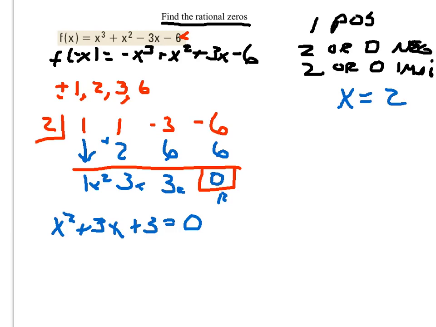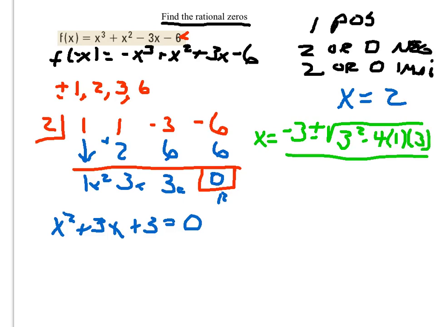So we can go ahead and plug in x equals opposite of b, so negative 3, plus or minus the square root of 3 squared minus 4 times 1 times 3, all over 2 times 1.